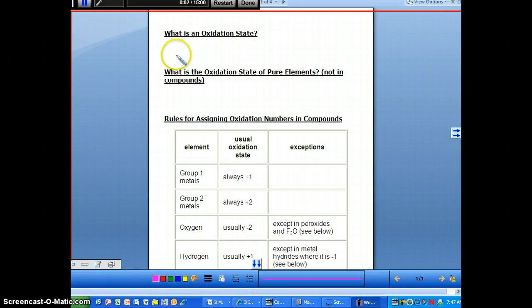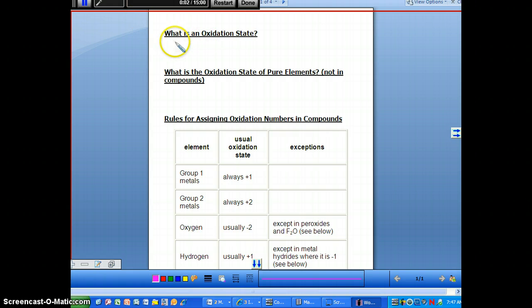In this video, we're going to be looking at oxidation states, what they are, and how you determine their oxidation state in a compound. So you have this notes sheet, and the question is, what is an oxidation state?